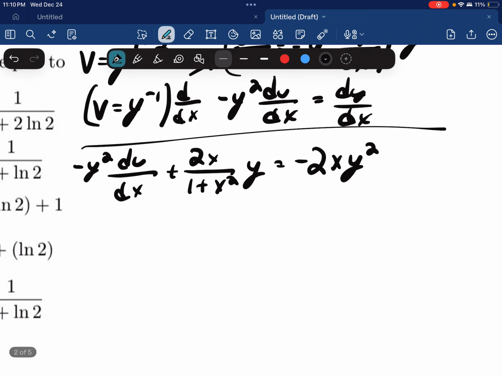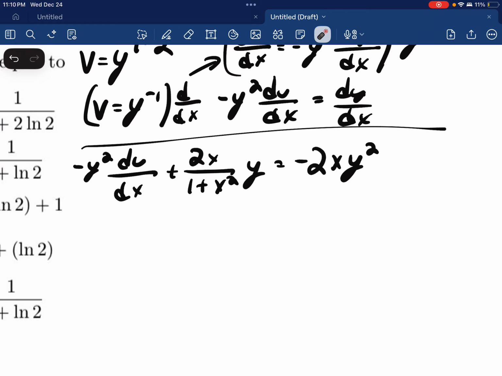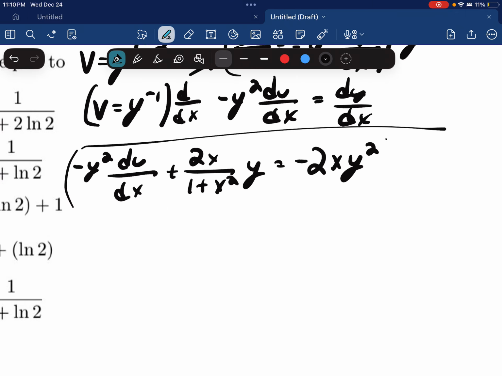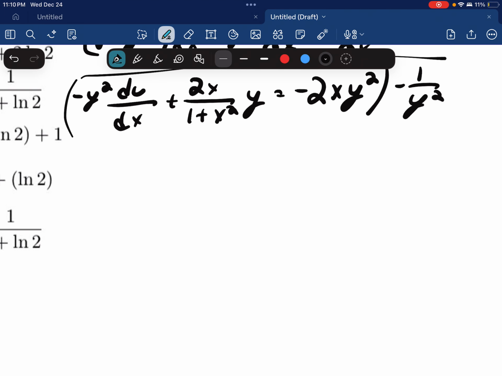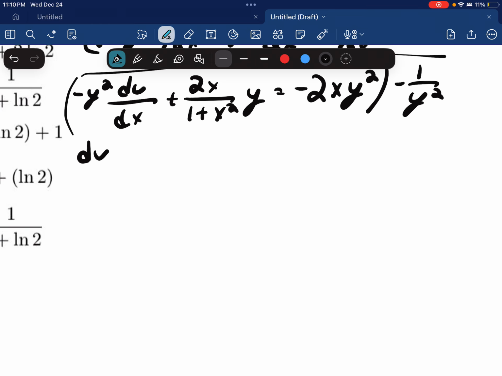Okay. Let's try to isolate this dv dx term. Okay, so let's divide through by negative y squared. Okay, so when we do that, we isolate the dv dx term like we wanted.